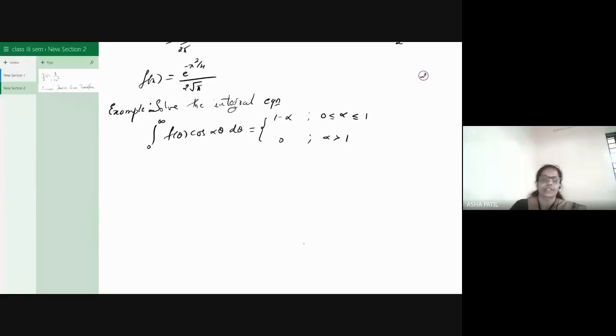Hence evaluate integration from 0 to infinity sin square t by t square dt.